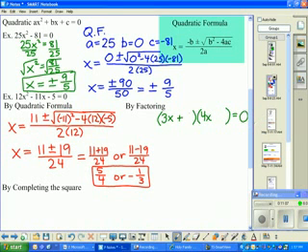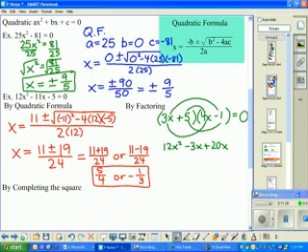And then 5, it's really only 5 times 1. So now if I check this, I already have the first would be 12x squared. Outside would be negative 3x. Inside would be 20x. And last would be negative 5.